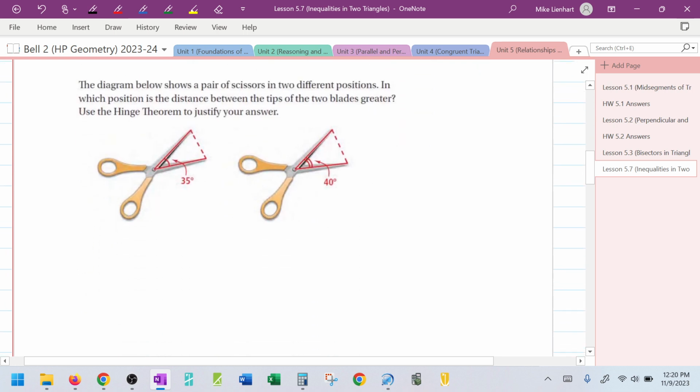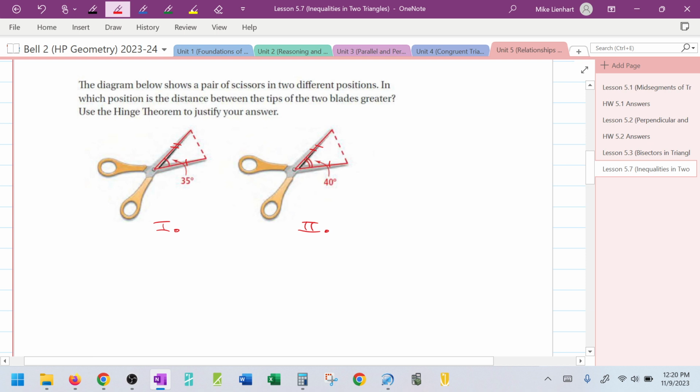A typical question that you would see on a standardized test is this one. I'm going to call this diagram 1 and diagram 2. The question says, based on those two scissors, which one of them has the greatest distance between the tips of the two blades? Because we're dealing with scissors, we have this side-angle-side scenario, but the angles in between are not congruent.